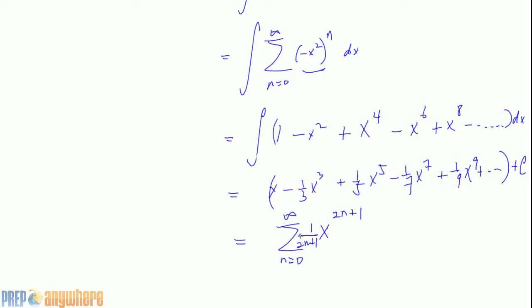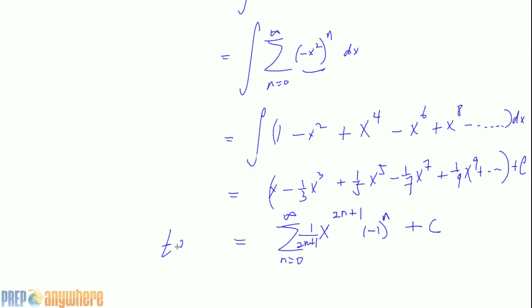That expresses all the terms except for the sign, so we have to make the first one positive and the second one negative. When n is equal to 0, it's going to be positive, so this is perfect. So how do you find this constant?